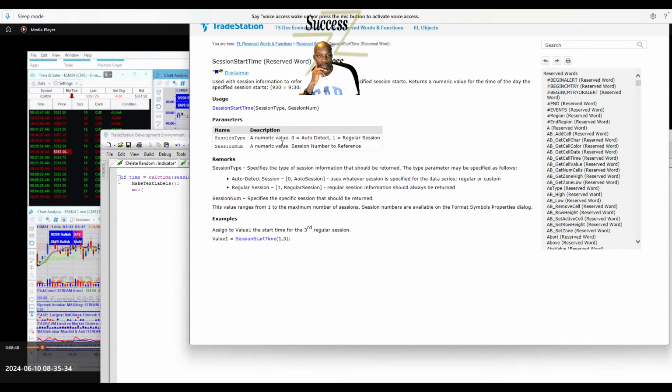Specify the session that should be returned, in a range of one to the maximum number of sessions, for example the start time for the third regular session.